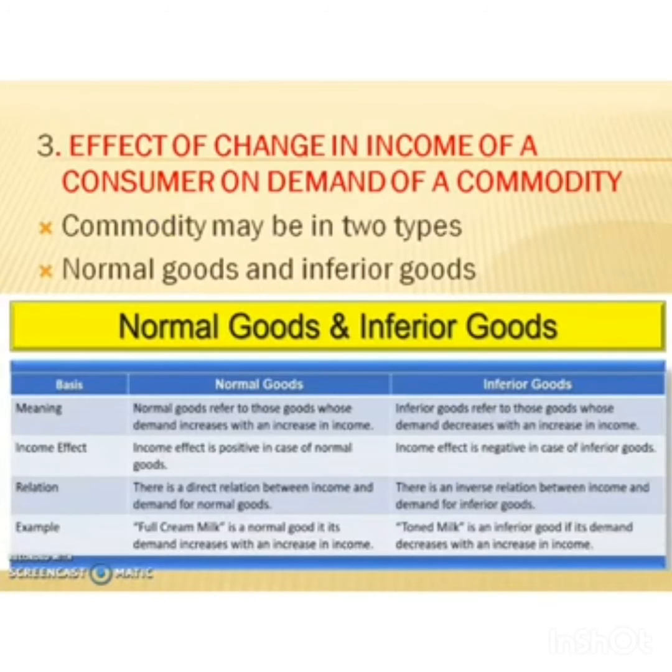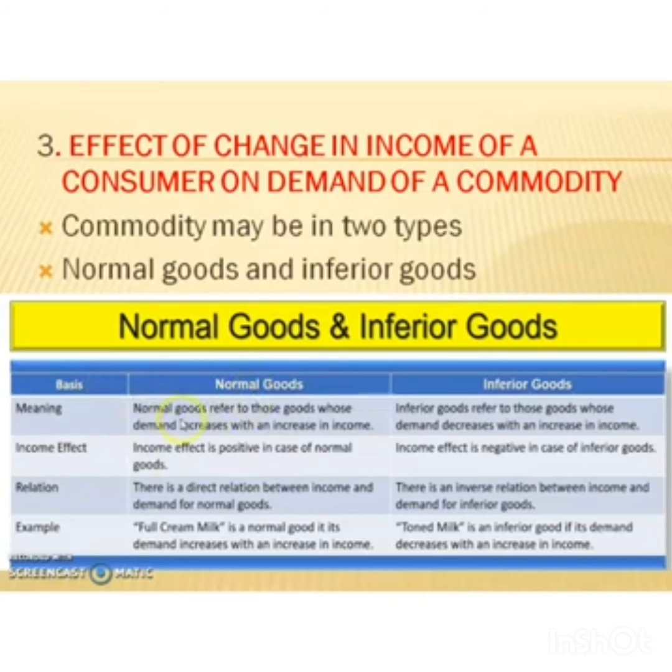And the third factor of the individual demand function is what? Income of the consumer. So let us check the effect of a change in the income of a consumer on the demand for a commodity. Commodities may be classified into two types: normal goods and inferior goods. What is the difference between normal goods and inferior goods?